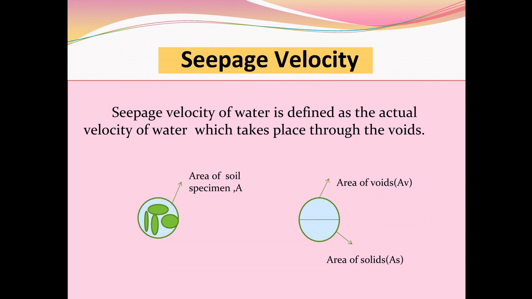Look into this figure, where this is the total area of the soil specimen. Look into the second figure, where the first part of the semicircle consists of the area of voids and the second one is the area of solids.